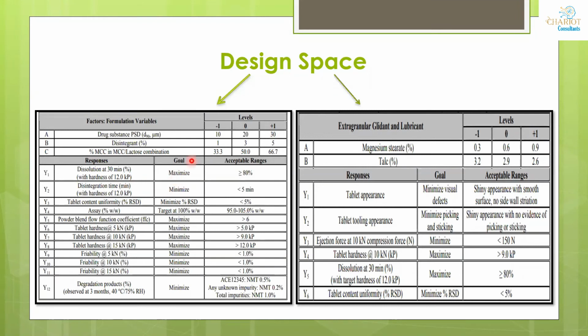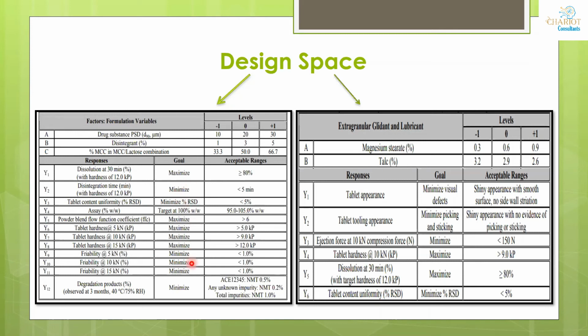For example, D90 of 20 micron, disintegrant 5%, and MCC lactose combination at 50%. What was your response? Whatever result you get, you have to put it in the software, because the software will run the experiment as per this.